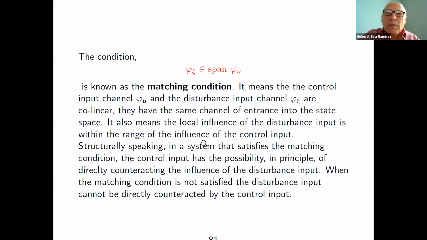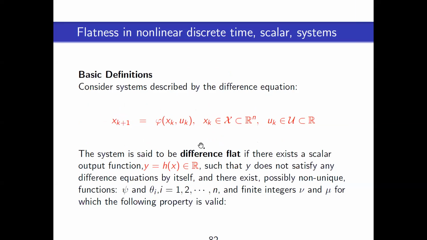Are there any questions about the disturbance decoupling leading to this geometric condition? Yes, Professor, I have a question. This matching condition, does this have anything to do with the output, a particular output?